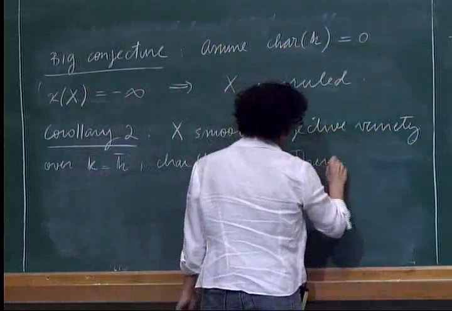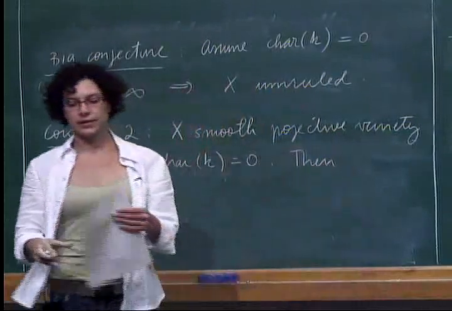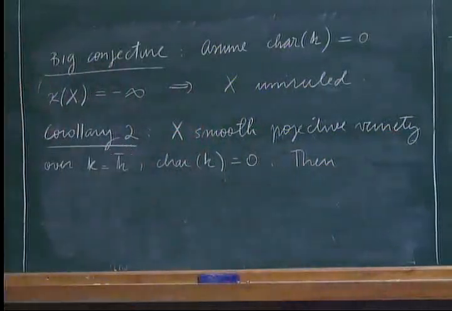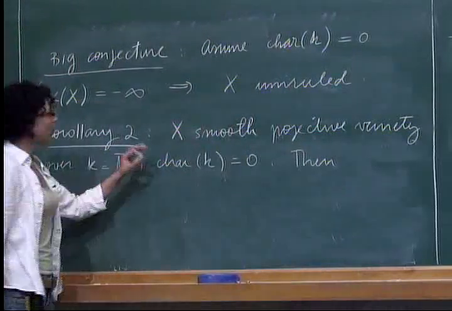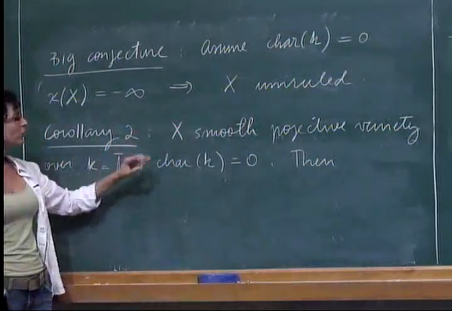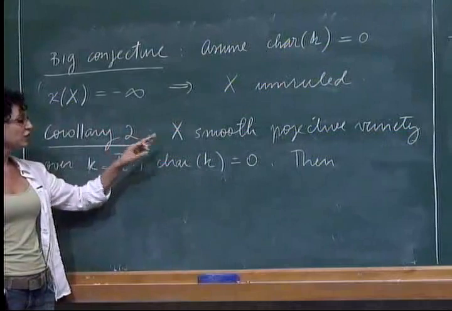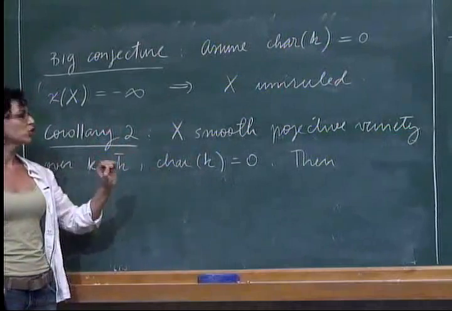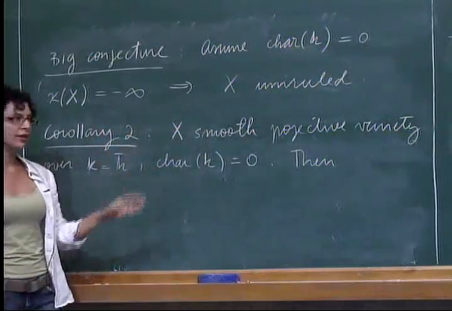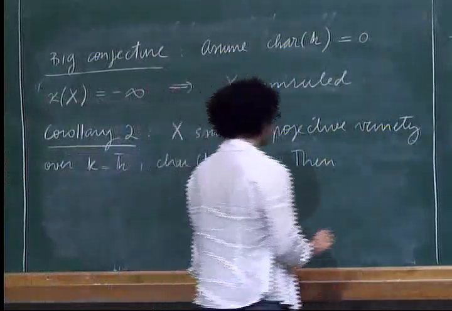Then, in a sense, what this is saying is the following. We will say that for a very general point of X, every rational curve through this point is necessarily free. So let me make this precise.